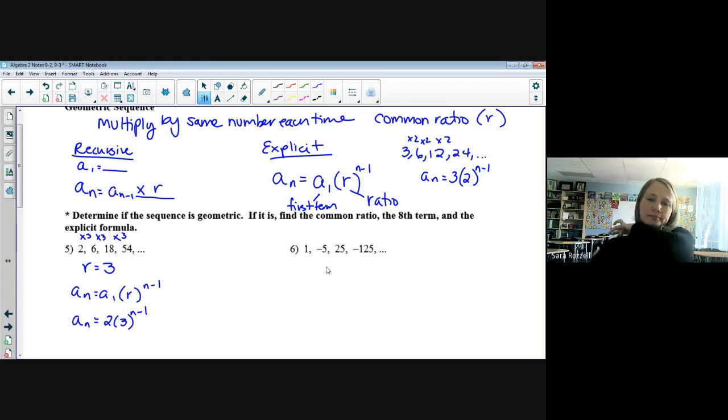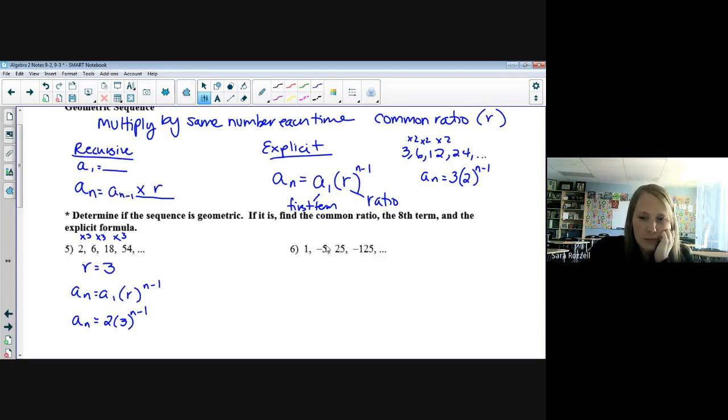Good job, guys. All right, on 6, are we multiplying by the same thing every time? I know there's a 5 in there, but it goes positive, negative, positive, negative. So what kind of 5 do I need? A negative 5, right?